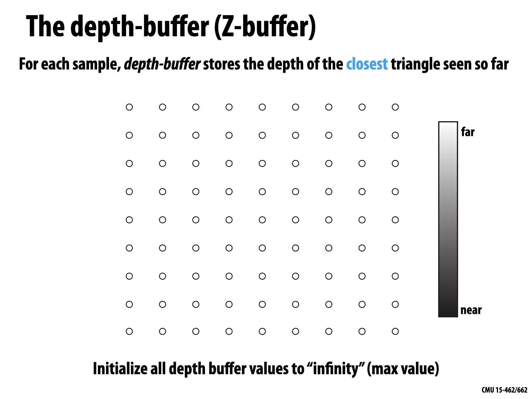So in all my drawings here, I'm going to use a grayscale color bar to indicate the depth: values that are close to white are very far away, values that are close to black are very nearby. So you might imagine that initially we initialize the depth buffer to have very, very large values. You can imagine you set these all to infinity, or the maximum possible value that you can represent.